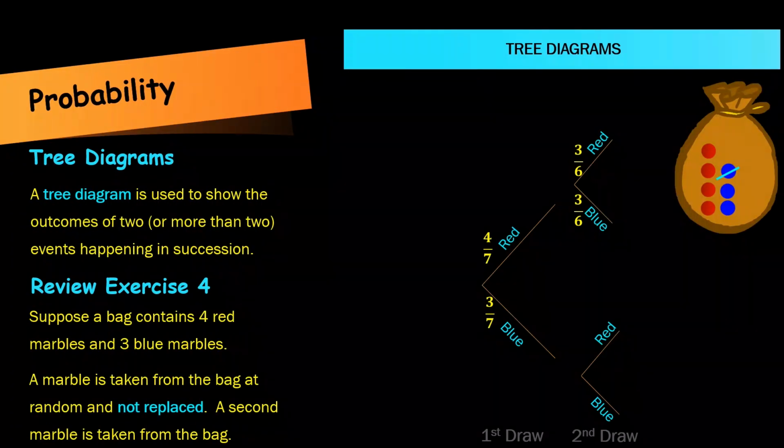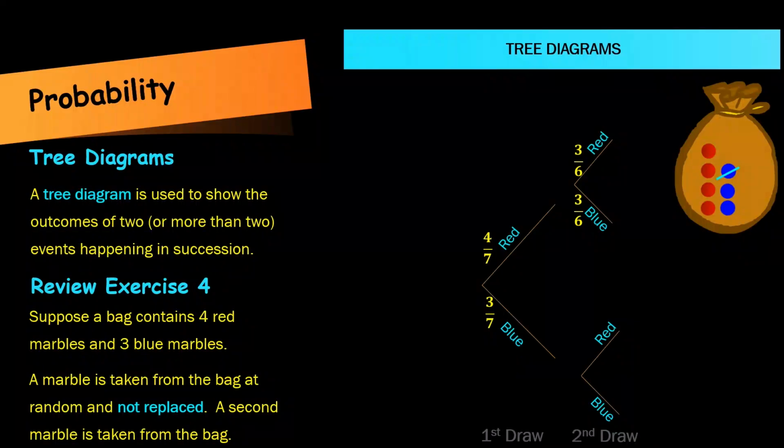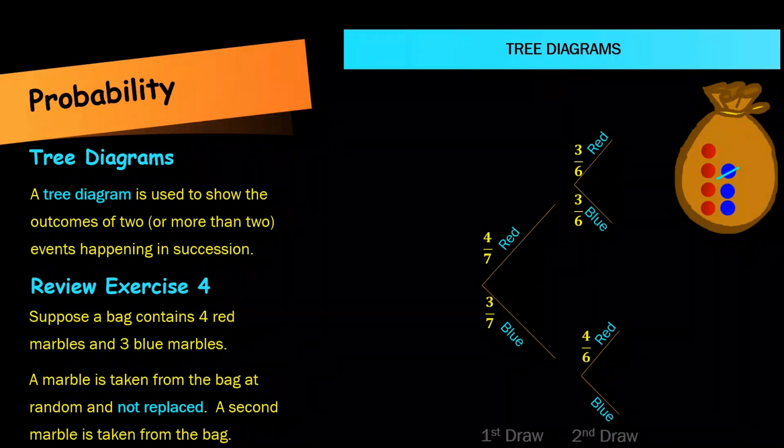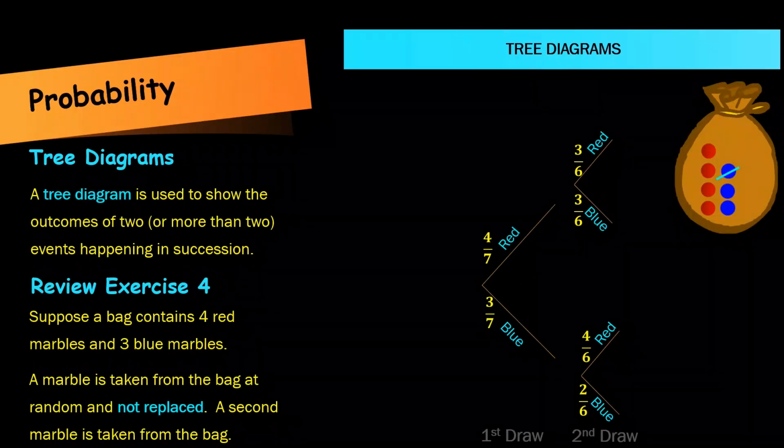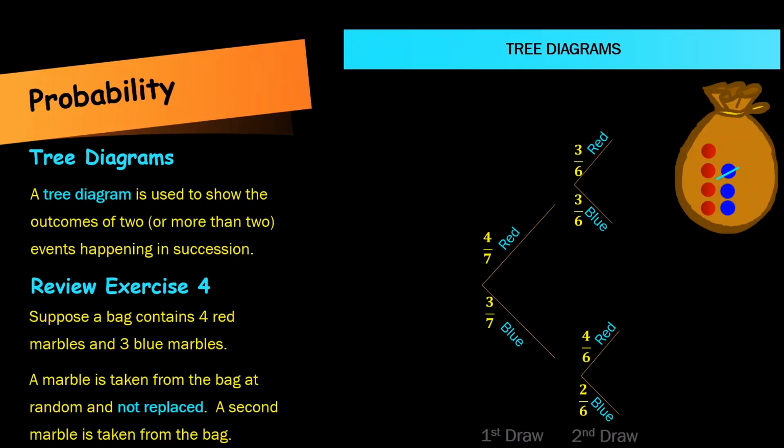So the probability of drawing a red in this scenario is 4 out of 6. And the probability of drawing a blue on the second draw, of course, is 2 out of 6. And of course we can cancel as shown.